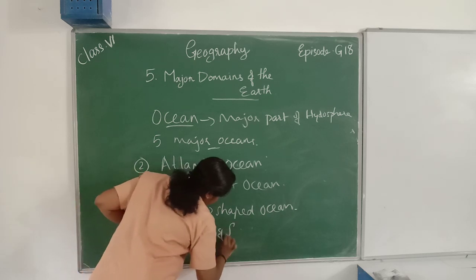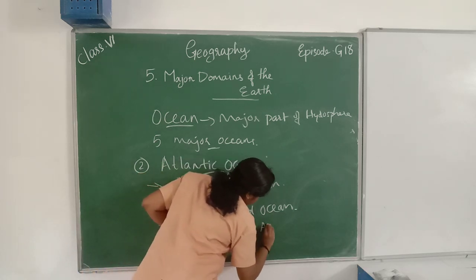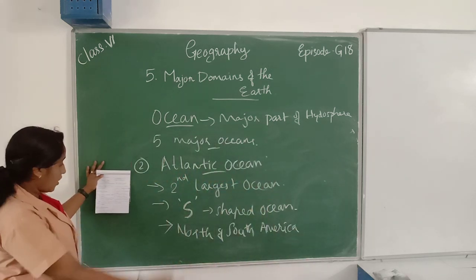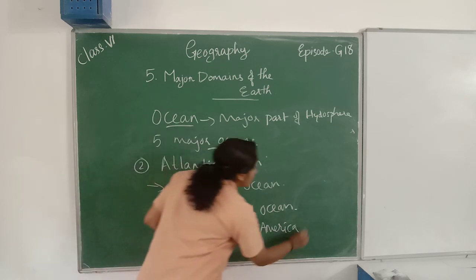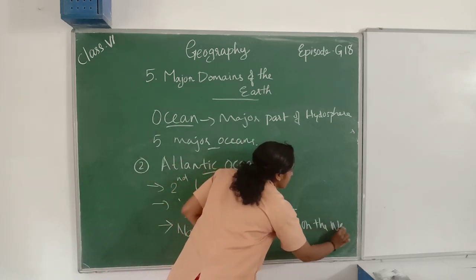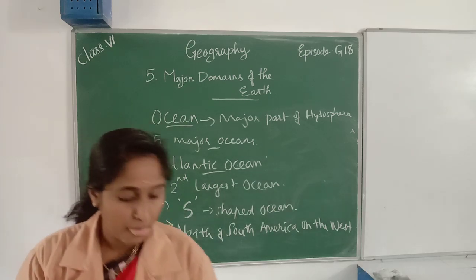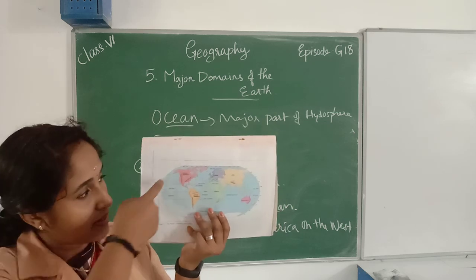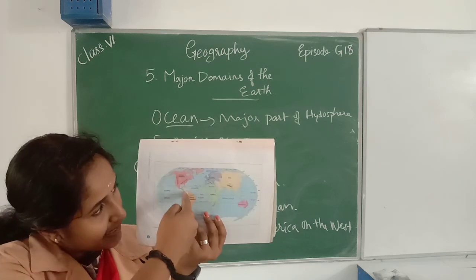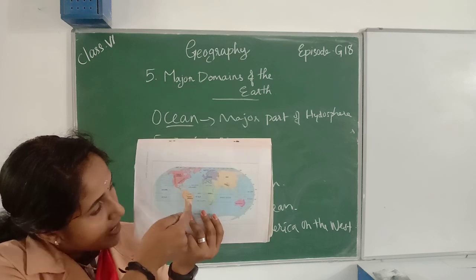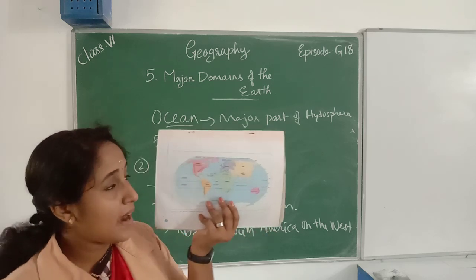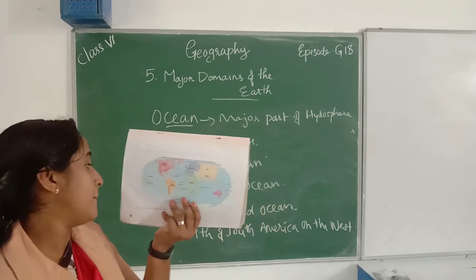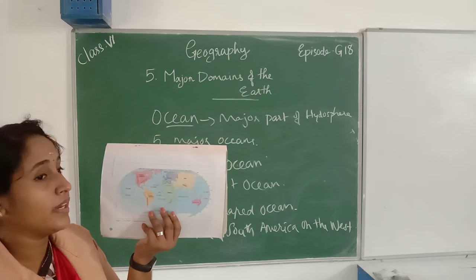North and South America are on the western side. Where is the west side? This is the west side. So on the west side of the Atlantic, we can say North America and South America are surrounded by the Atlantic Ocean.